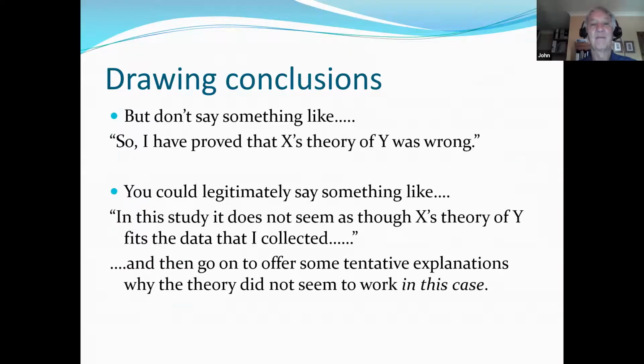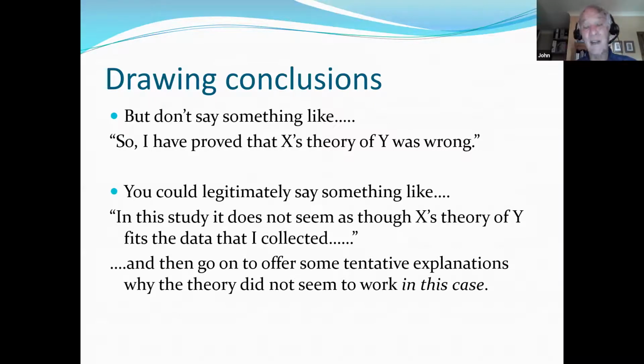But if you're at the end, don't say something like, I've proved X's theory of Y was wrong. Don't say, I've proved that the theory of sand dunes changing in land was wrong because mine didn't. Because the world of geography has shown that in the vast majority of cases, sand dunes do change in land.